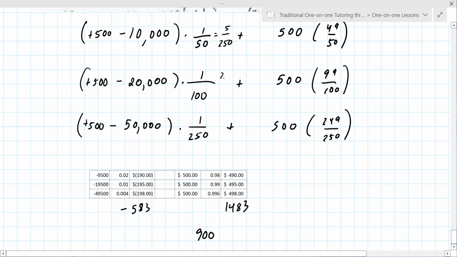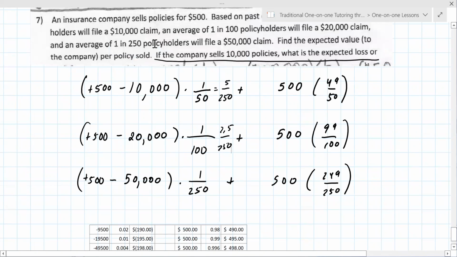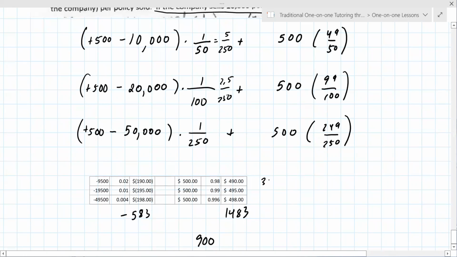And then this is 2.5 out of 250, and then they get $500, the 8.5, 241.5 out of 250. I think there's something amiss here. It's like there's too many. We could say this per policy, like per policy you get 300, 300 and 300. And that's going the minus 190 and the positive 490.